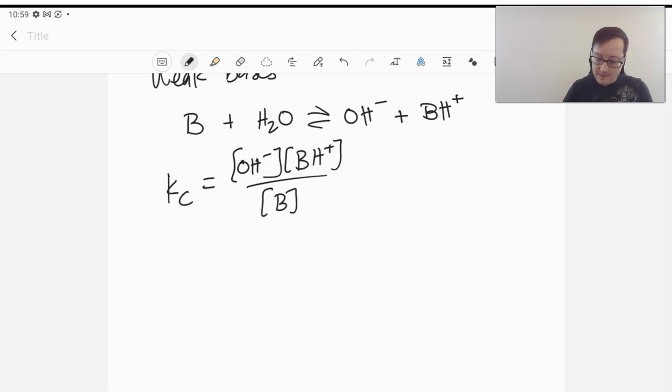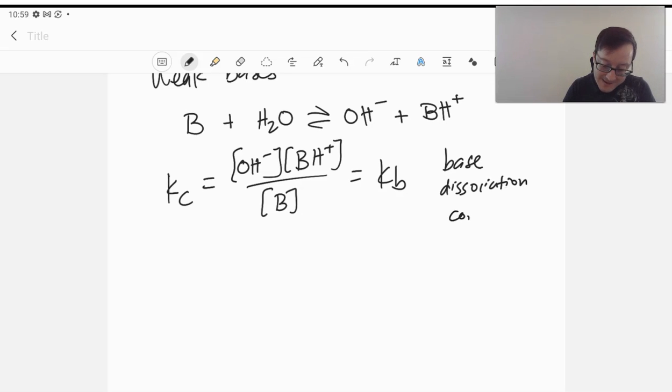And so we can see that this is very much similar to our Ka, and we'll call it Kb. This is the base dissociation constant. Although it's not necessarily dissociation that's happening, we'll still just call it that. So it's the base constant, essentially. It's the same thing as Ka, except in terms of base.